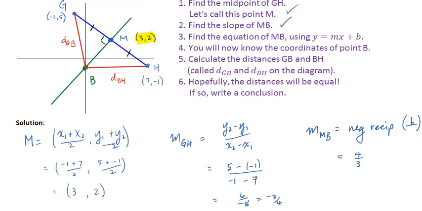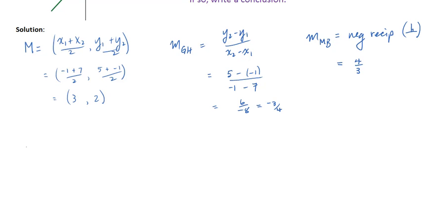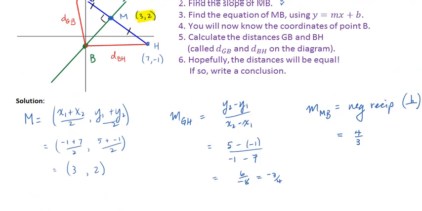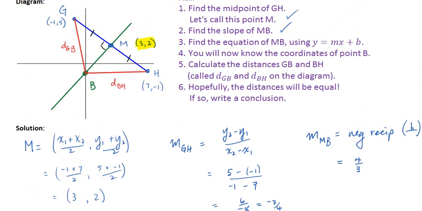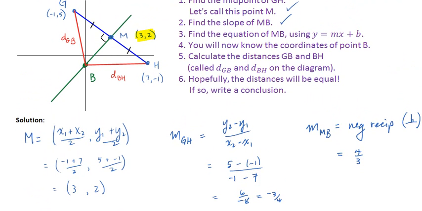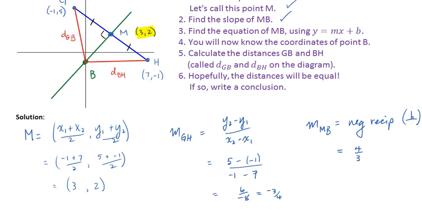Okay, we've done that. Find the equation of MB using the equation of a line. Okay, so MB is, and we use our equation of a line, and we're going to substitute either of the points. No, we only know M. We don't have 2 points. We only have M, so we have to use (3, 2).